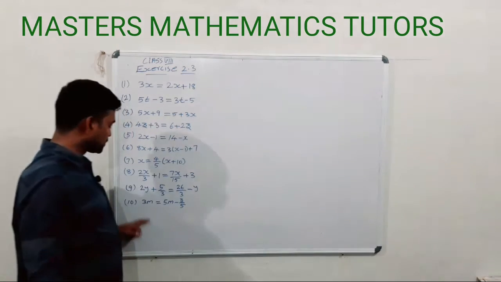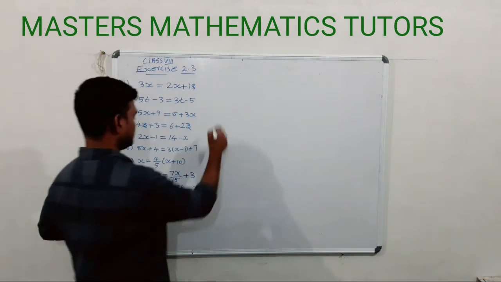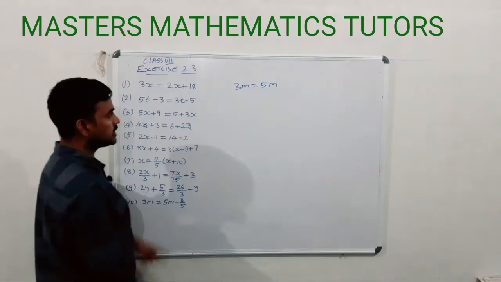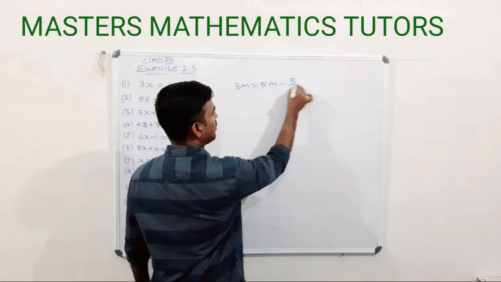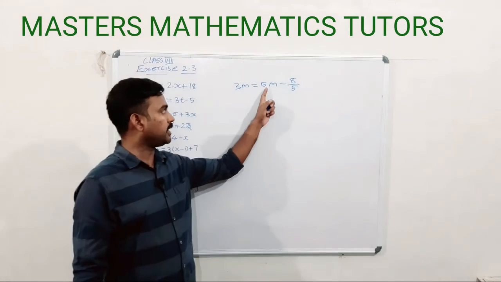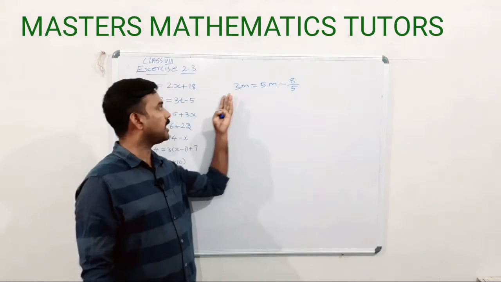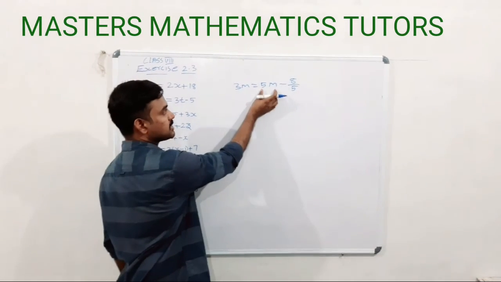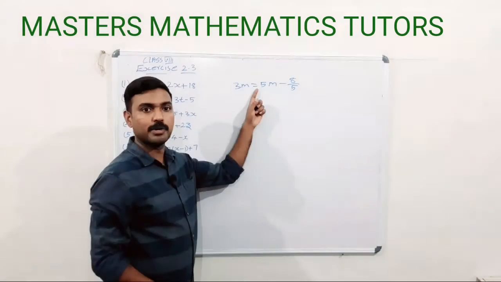Now the last question, 3m is equal to 5m minus 8 by 5. In this question, 5m is on the right side, here 3m is there. So what I am doing, this 5m is the bigger term which includes m.